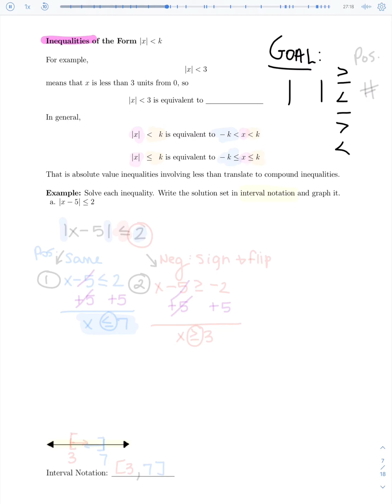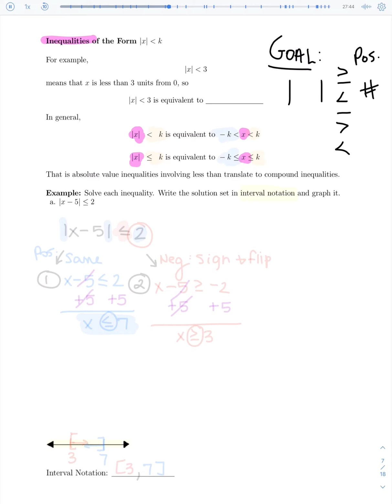Once the absolute value is by itself, we'd have our number on the other side. Just like before, it should be a positive value or the smallest 0. And then you'll do what we did before, which is break it up into its two versions. We'll do a positive version and a negative version. Notice what's inside of the absolute value will stay the same.